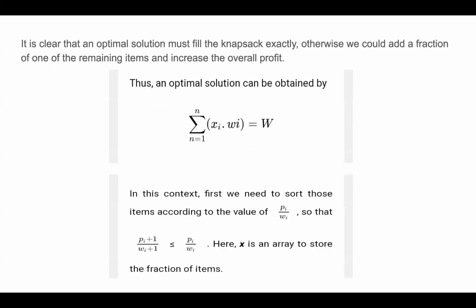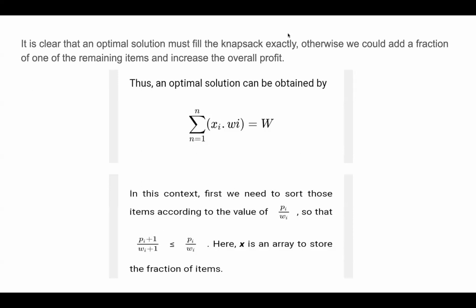Now, it is clear that an optimal solution must fill the knapsack exactly, as we have seen in the diagram. Otherwise, we could add a fraction of one of the remaining items and increase the overall profit.